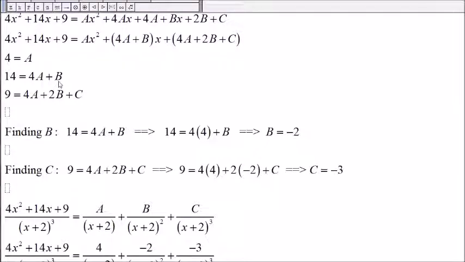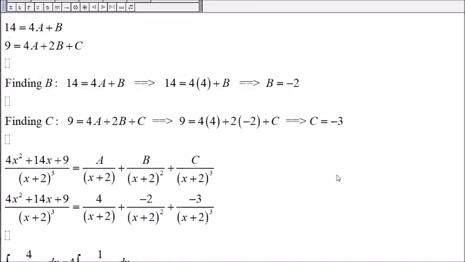From this equation, we can find b. We replace a with 4, and then solving for b, b is negative 2. And then use the last equation here to find c. So in the place of a, we have 4. In the place of b, we have negative 2. Solving for c, we get c is negative 3.